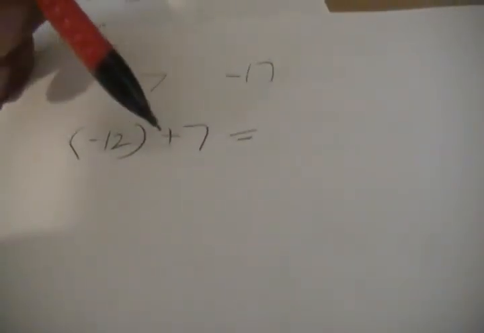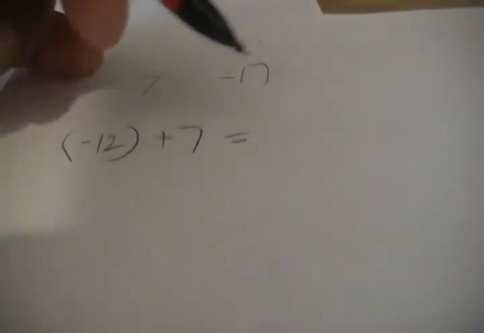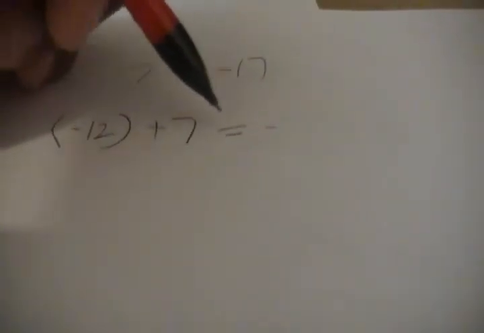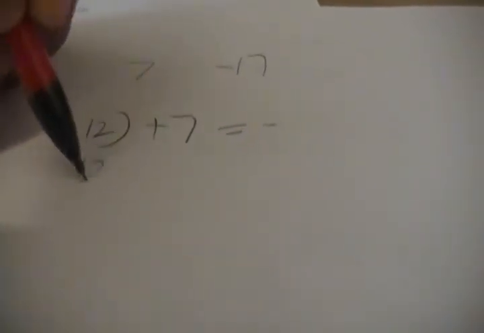So you just treat it like subtraction. However, if the bigger number is a negative number, then the final answer will be negative. So what you do is you subtract 7 from 12, and then you put a negative in front. So what we can do already is just put a negative right after the equal sign. Now all we do is just subtract.